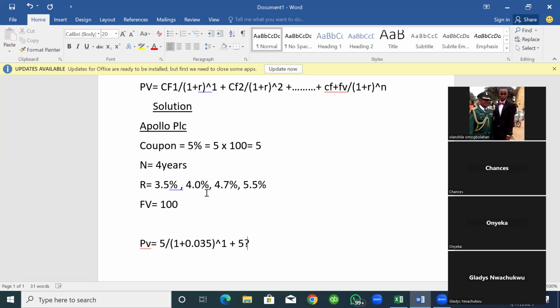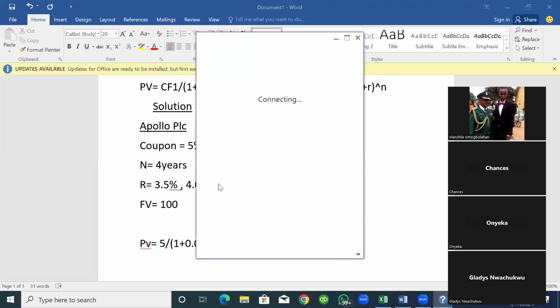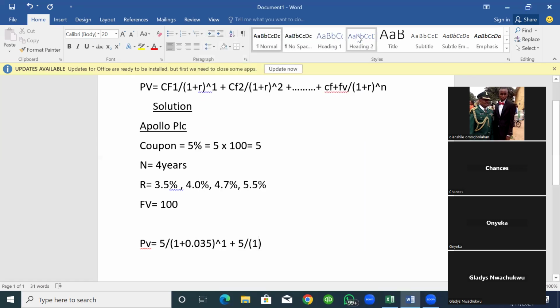5 over, we come again, open the bracket, 1 plus 0.040 raised to power 2, plus.